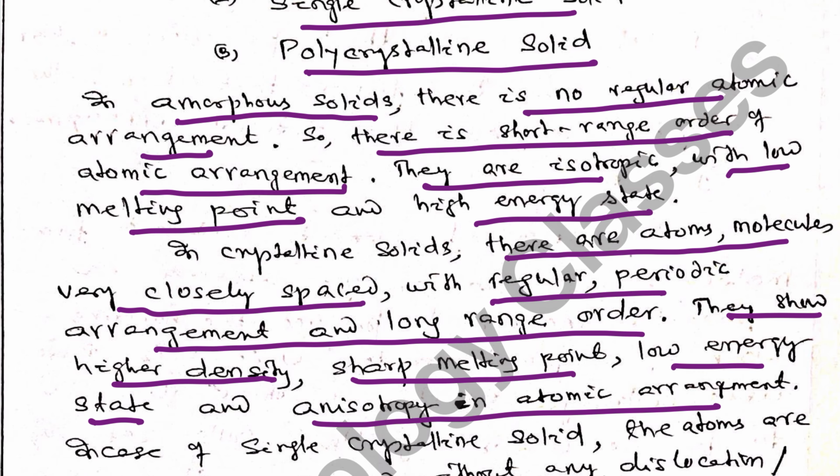But in case of amorphous substances, the energy state is high because of irregular atomic arrangement. They are not in a stable state, but they try to achieve a stable state because of their higher energy level.